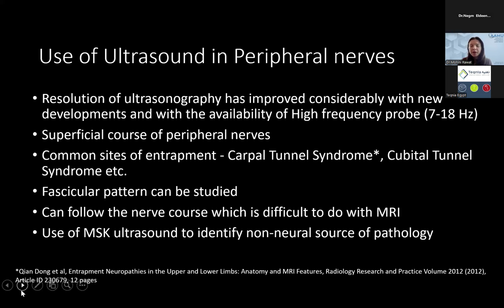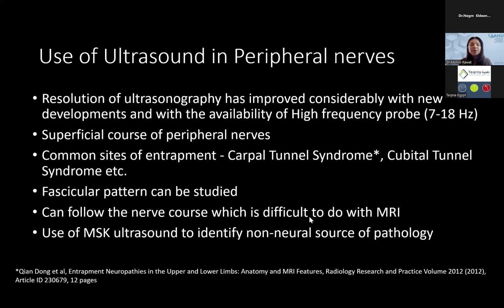MRI is great for an overall view of the region, but when you have to look at a nerve at a certain site, you prefer ultrasound because you can see the changes in the signal, texture, or contour. For example, if the nerve is becoming more flattened, there's a constriction site, you can see that with ultrasound.